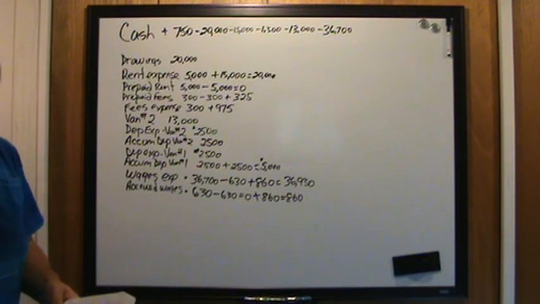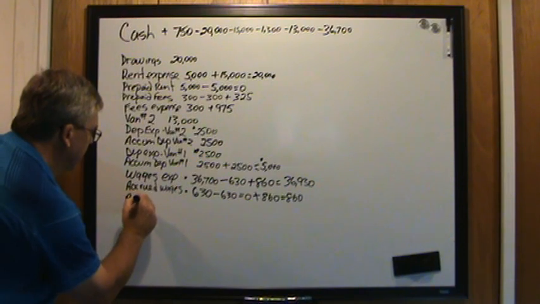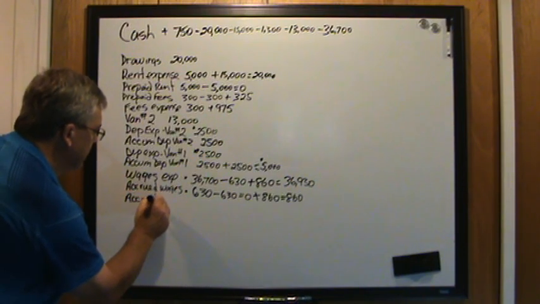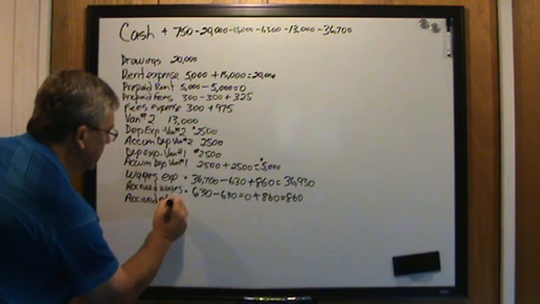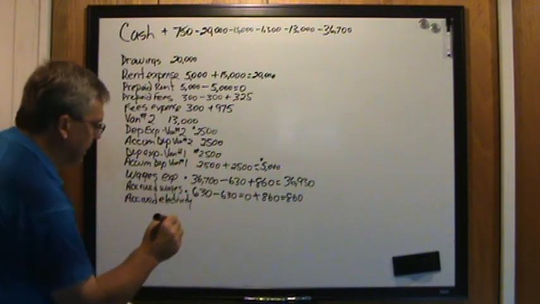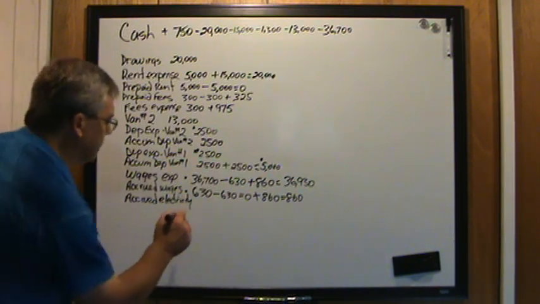So let's again go back to the balance sheet and take a look at whether there's anything there for electricity, and we did. We had accrued electricity according to the balance sheet of $620.